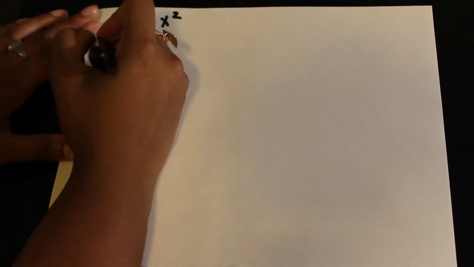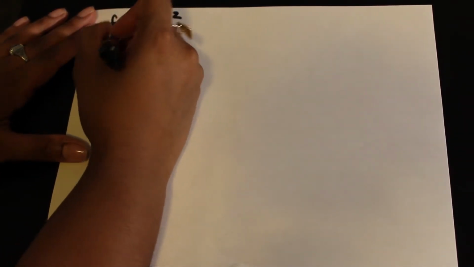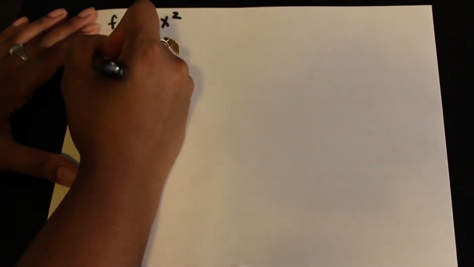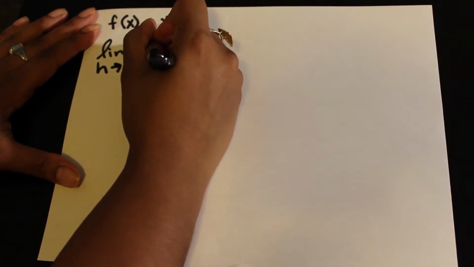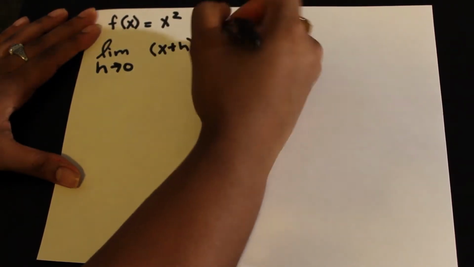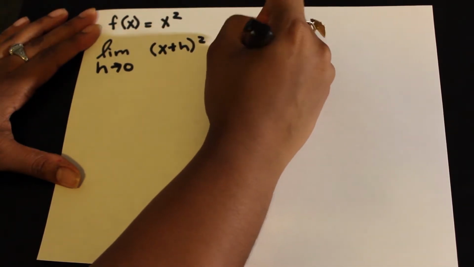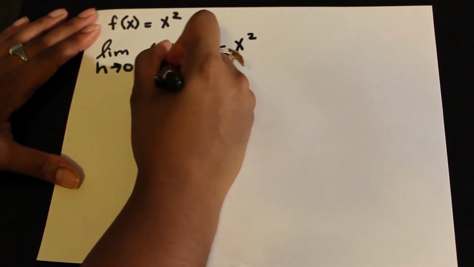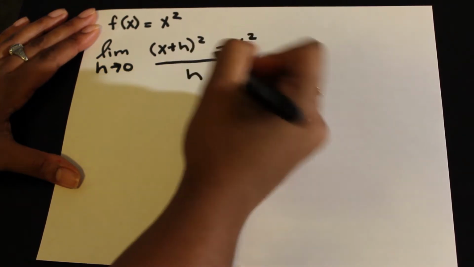For our next derivative, we will be finding f prime of x squared. Now, using our same formula, we take the limit as h approaches 0 of x plus h squared minus x squared all over h.